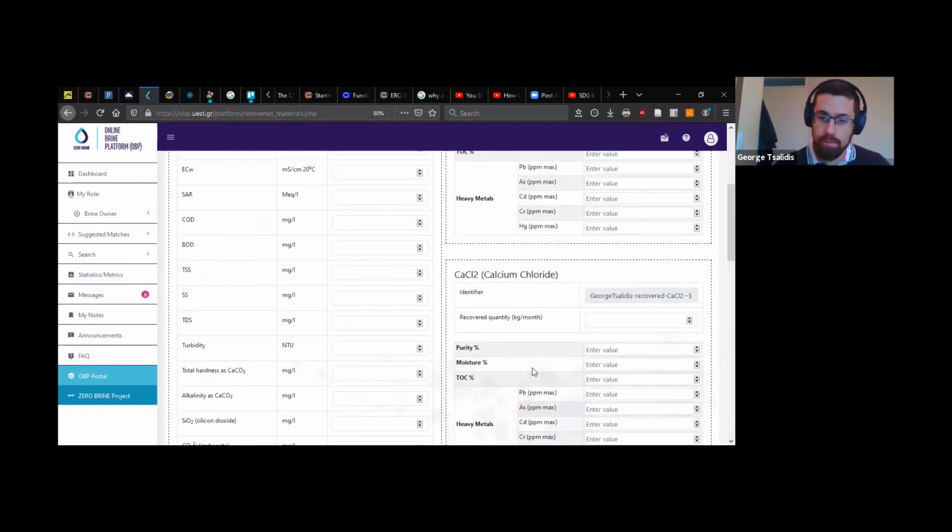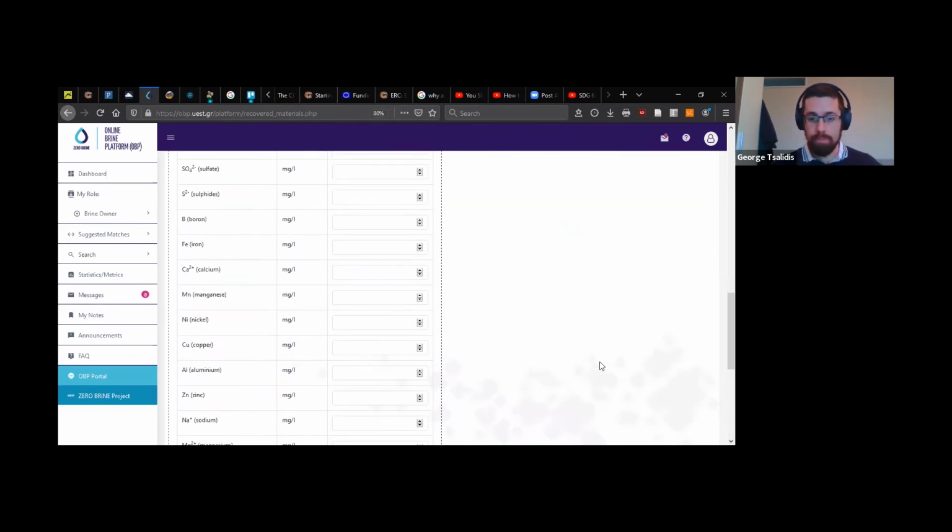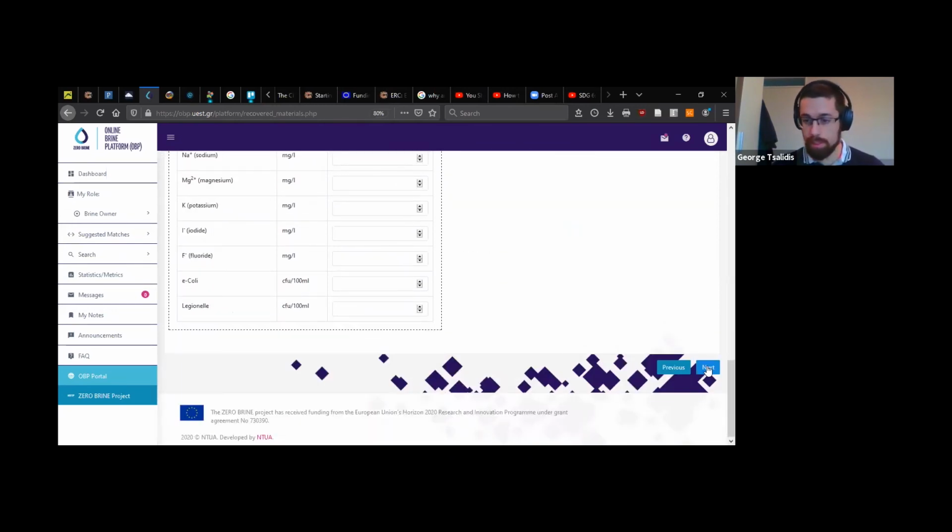Something similar for the calcium chloride, let's say that the purity is 65% with a moisture content of 10%, will be very probably low, let's say 30%. And I can go on the bottom and press next.